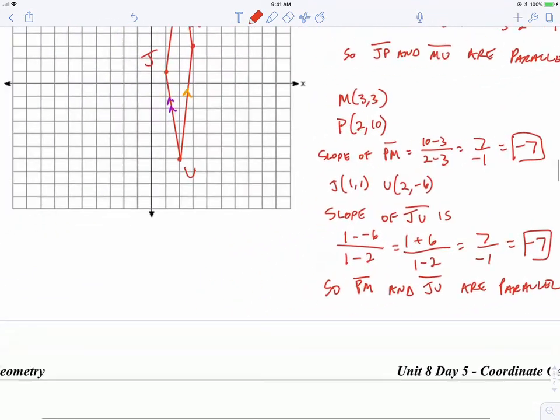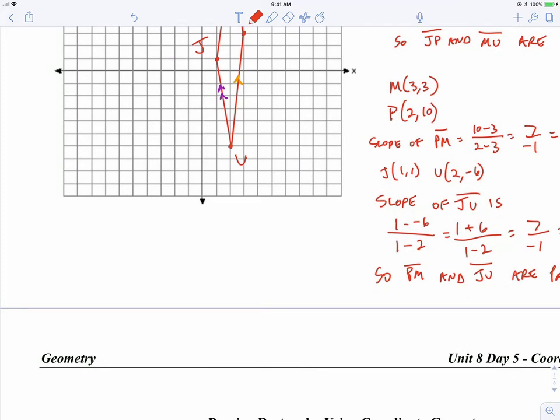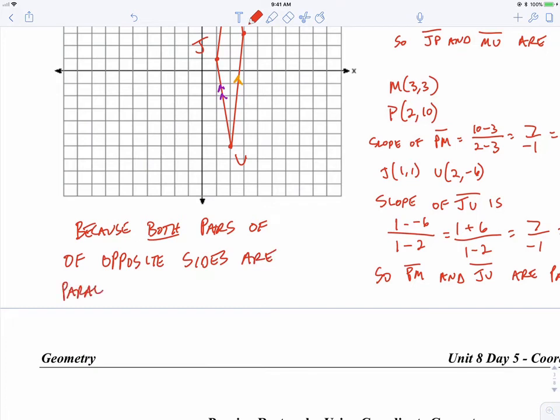You just proved that that's a parallelogram, so you do want to make a statement. We have to explain, because both pairs of opposite sides are parallel, we have a parallelogram.